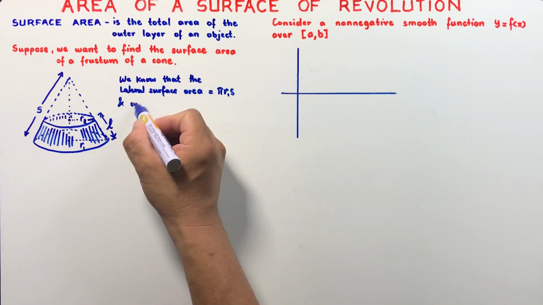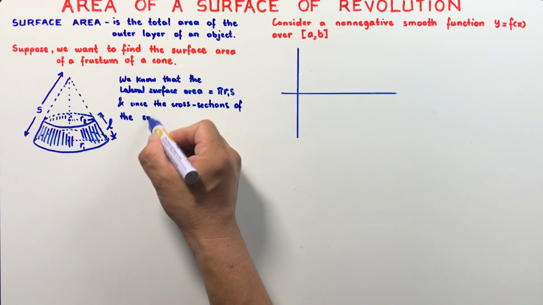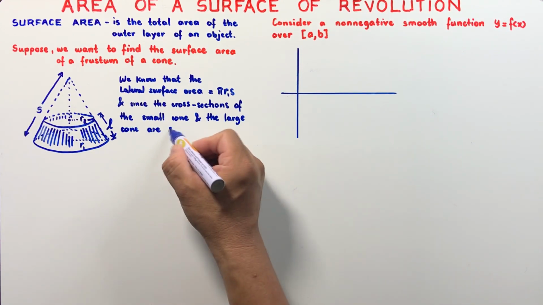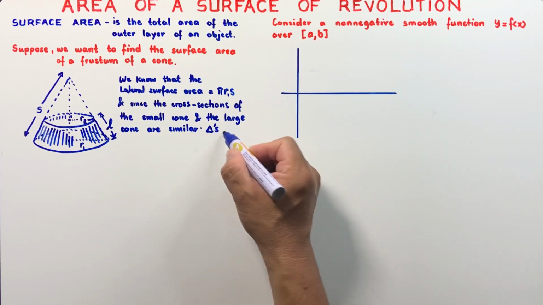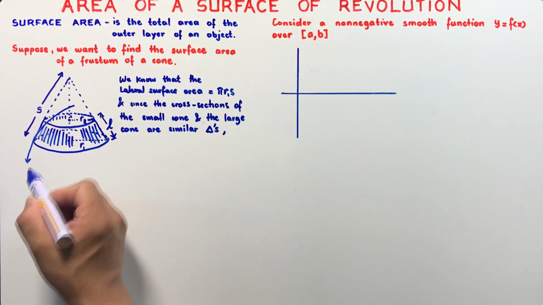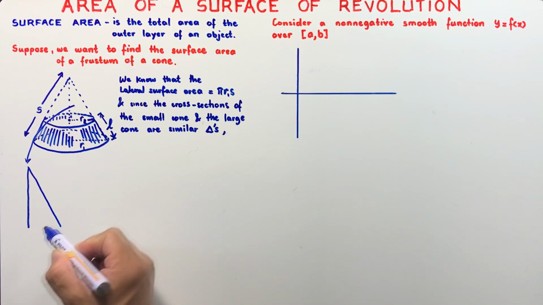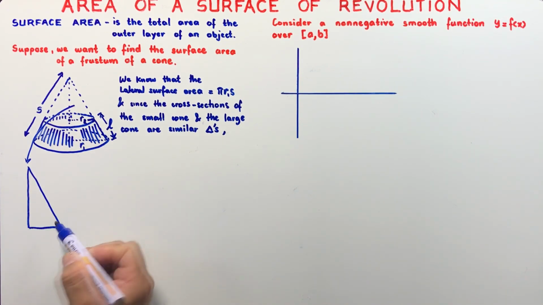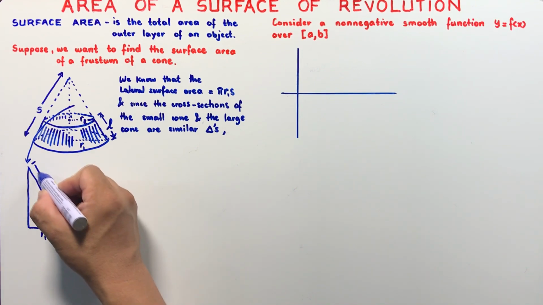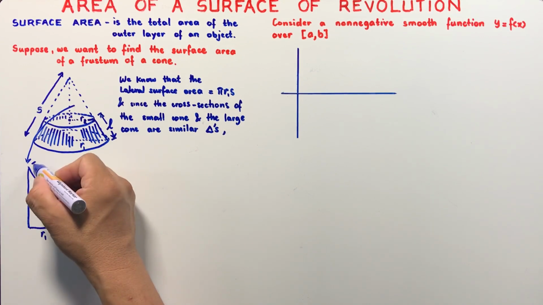And since the cross sections of the small cone and the large cone are similar triangles, to have a better picture, we can draw this cross section of the bigger cone, the whole cone, whose radius is r sub 1 and whose slant height is s.